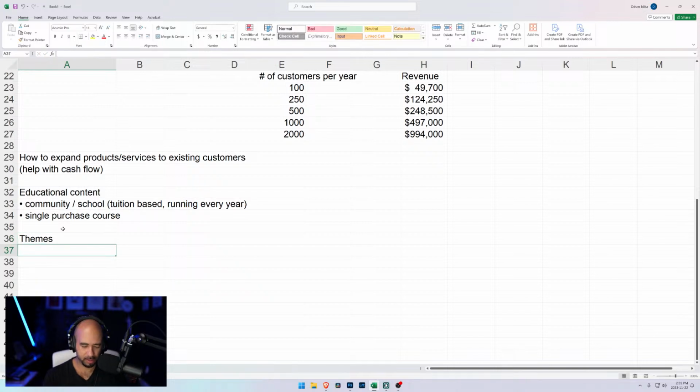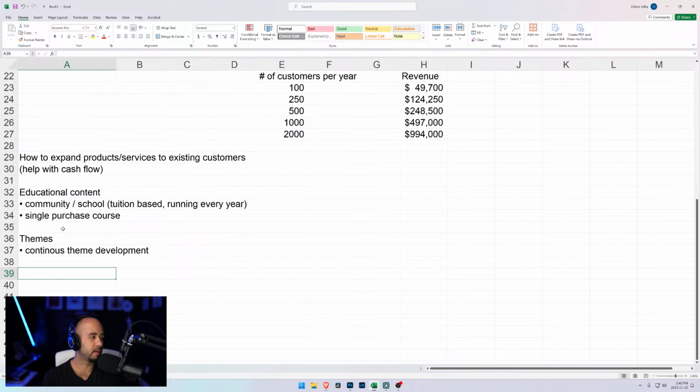And then continuous theme development. So that is another source of income that we can generate outside of the existing customers.